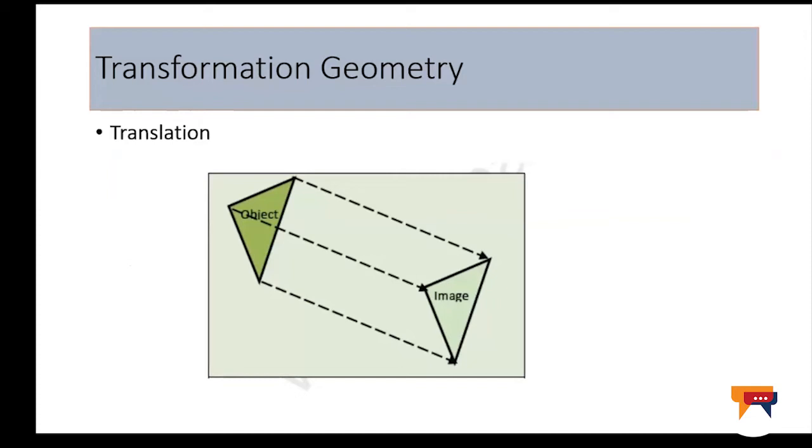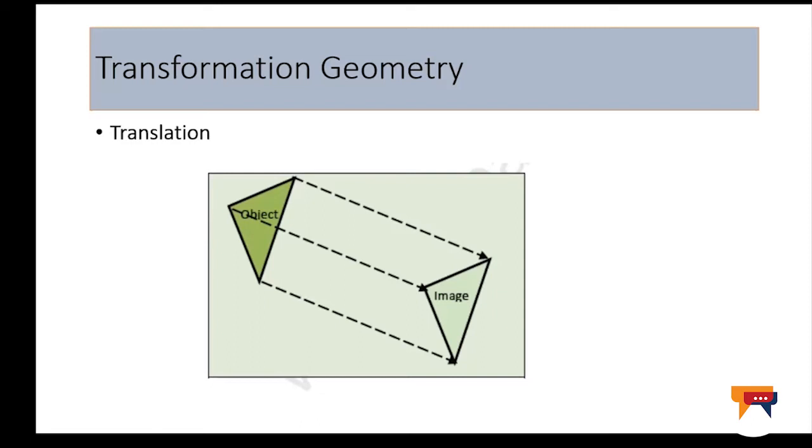The first one is what we call translation. A translation is a movement along a straight line in a fixed direction without any turning, as indicated by a diagram or by an example on the screen.